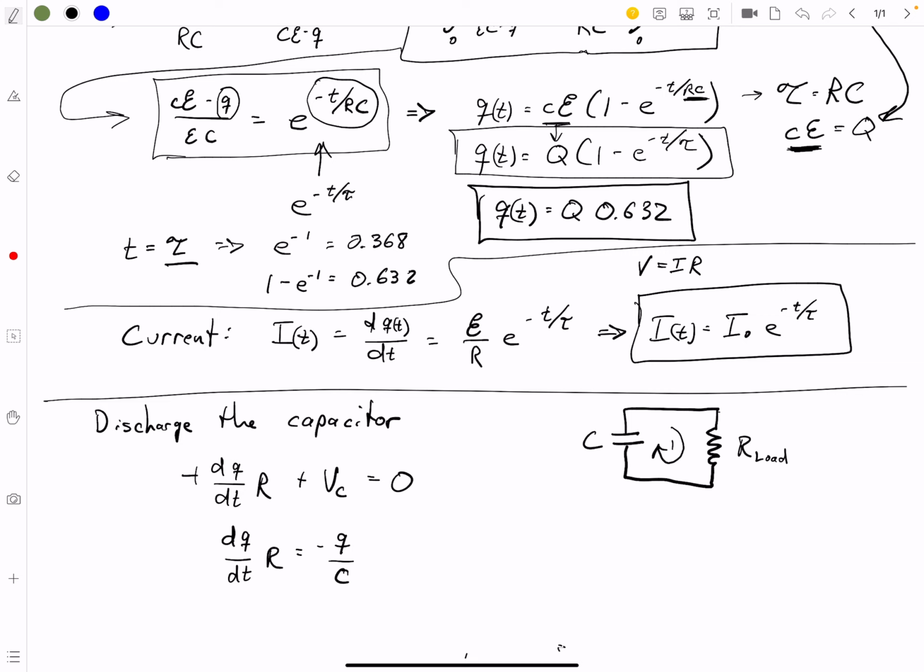Now, it's easy to see that we can do dt over RC. That's a quick and easy one. And that's going to equal, what do we have? Boom, boom, boom. dq over q. And one of them has to be negative, so we'll make the dq side the negative side.